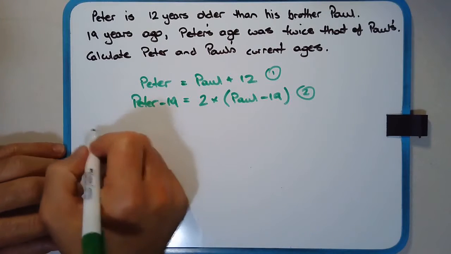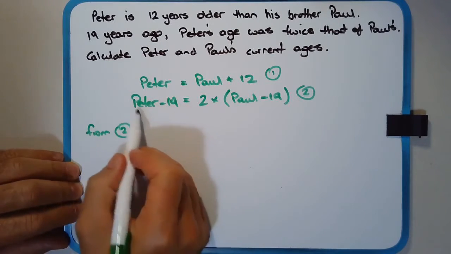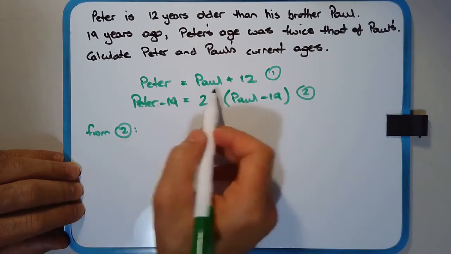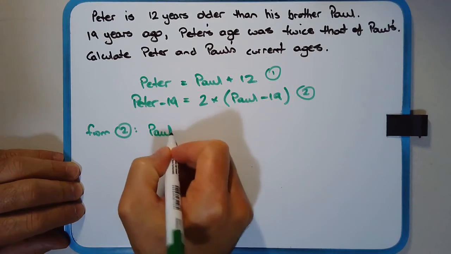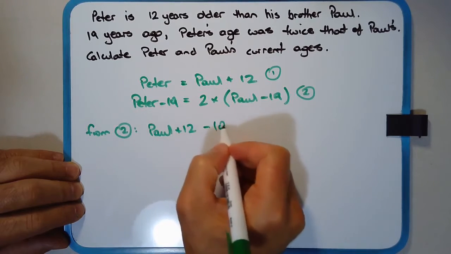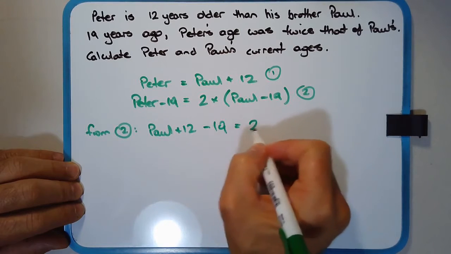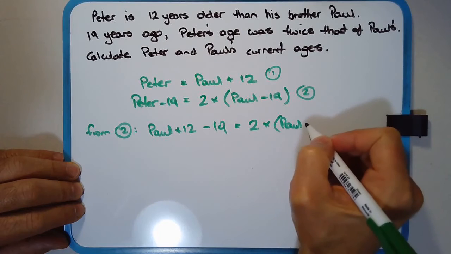So from equation 2, instead of Peter's age, I'm going to write Peter's age in terms of Paul's age. So instead of writing Peter, I'm going to write Paul plus 12, minus 19 is equal to 2 times Paul minus 19.